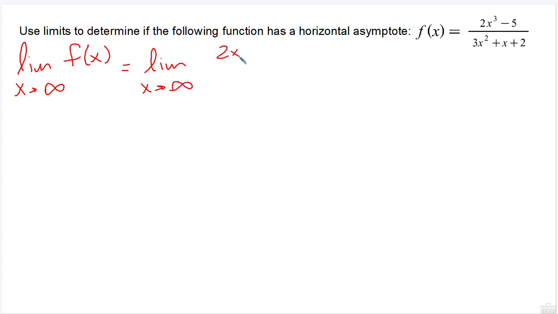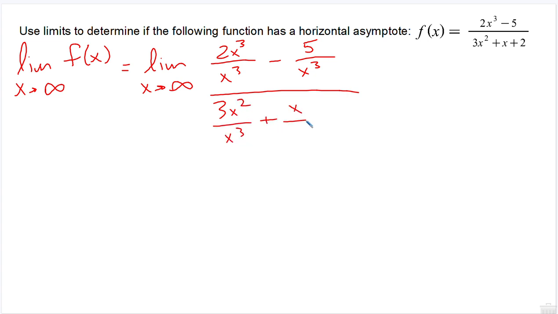So that'll be 2x cubed over x cubed and minus 5 over x cubed, all over, well, 3x squared over x cubed plus x over x cubed plus 2 over x cubed. And now we just need to simplify each piece of this. This is now a limit as x approaches infinity of, well, 2x cubed over x cubed is 2. So we have 2 minus 5 over x cubed.